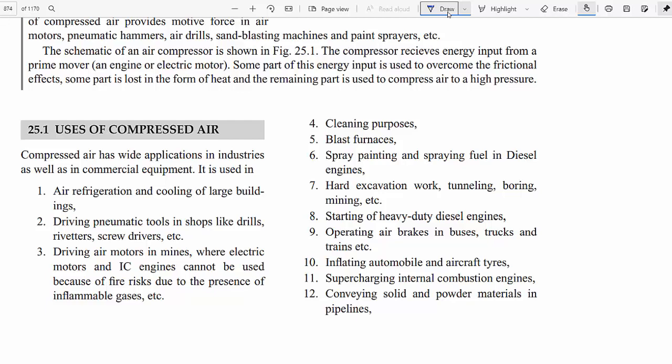Therefore, we start the engine with the application of compressed air. First we supply the compressed air to the cylinder. Through the compressed air, the piston goes down and the engine slightly rotates, which means it automatically starts.